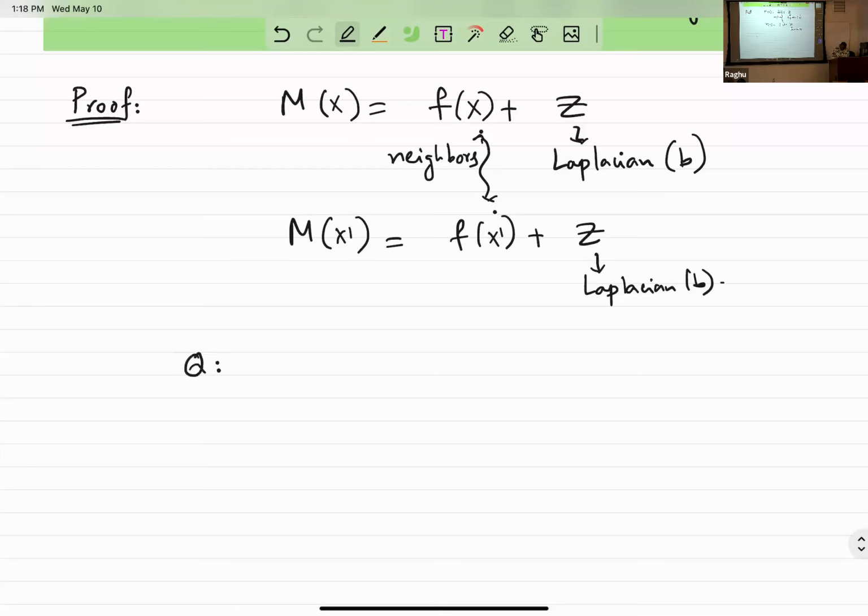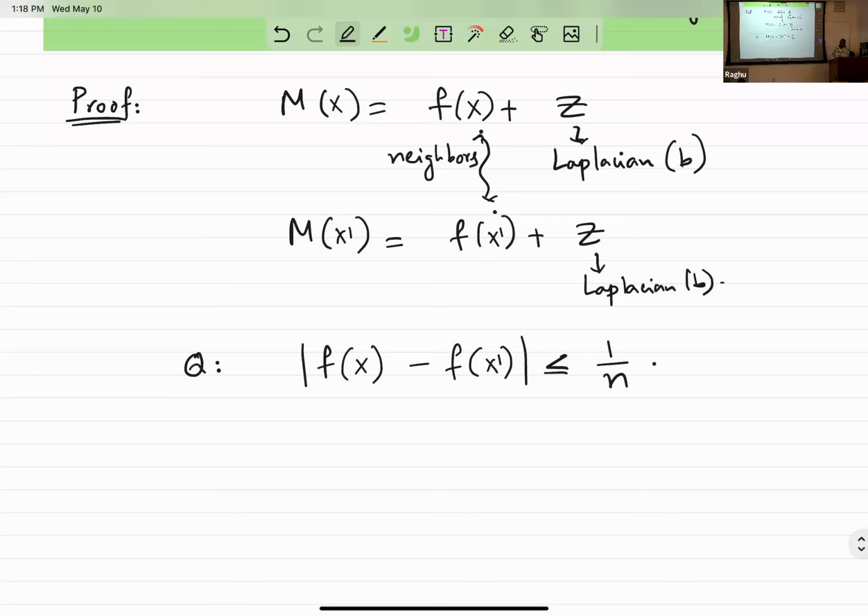So here's a question. If you have x and x prime differing in one coordinate, how big can the gap between the means be? How much can the means differ? Yeah, so it's at most 1/n.